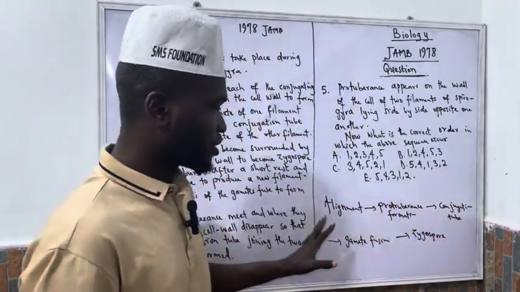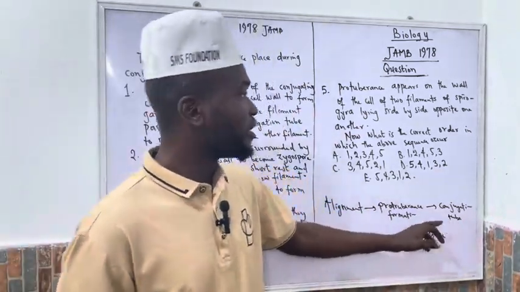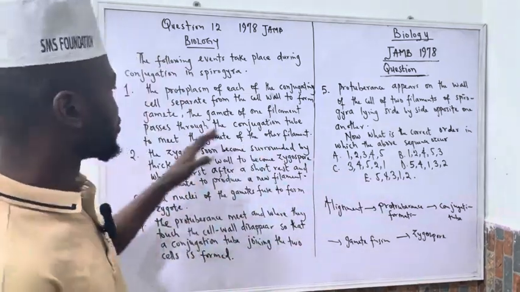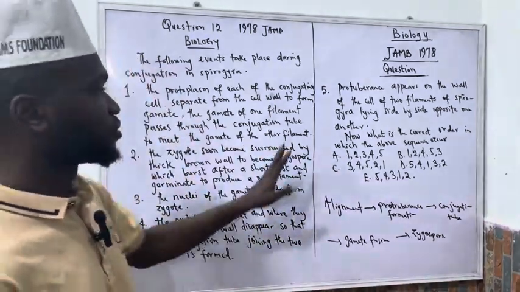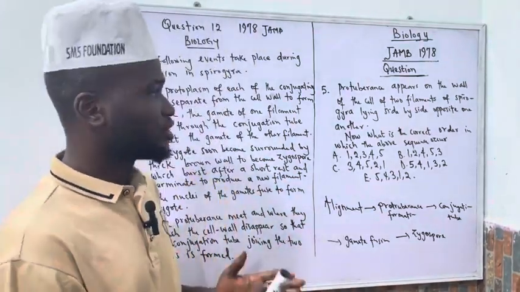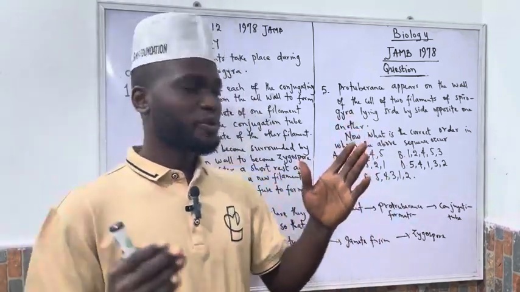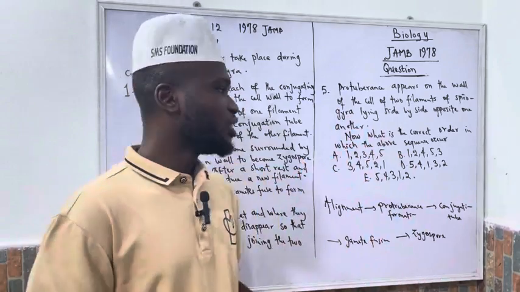Now, these 5 steps that I have written here are all summarized inside this question. So the first one is alignment. In alignment, 2 Spirogyra filaments come together.